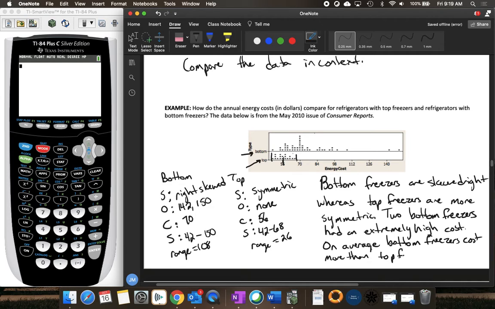And again, that's because the average for bottom freezers was around 70, whereas top was 56. There's also more variability or spread for the bottom level freezers than for the top level.